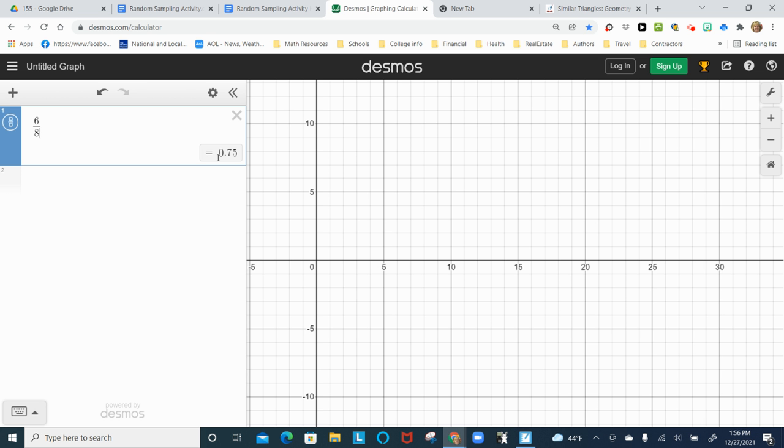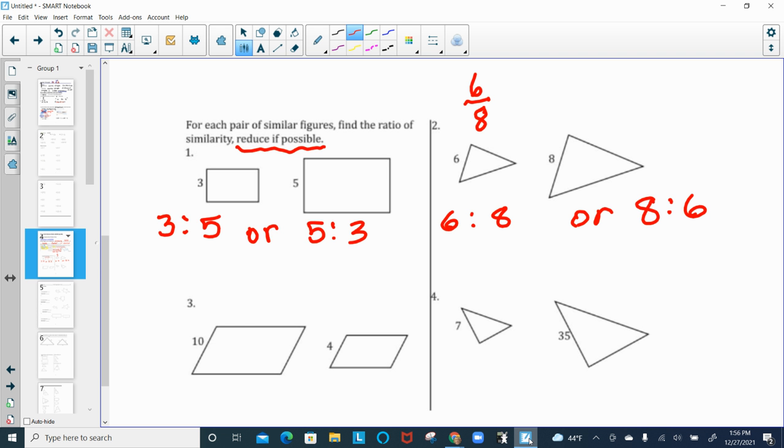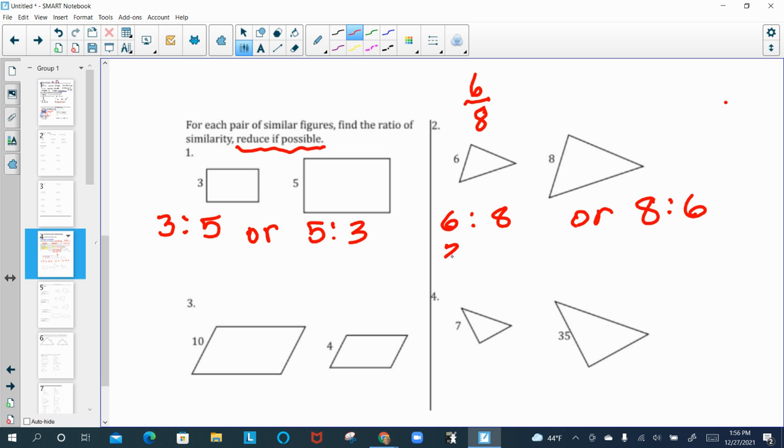Well, we typically don't use decimals as scale factors, but let's make it back into a fraction again. Does it simplify? Yes, it does. It simplifies to 3 to 4. So the way that we would write our scale factor is 3 to 4, or 4 to 3. So you have to look at each one.